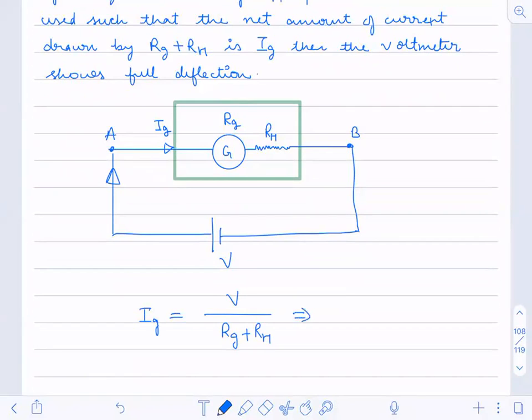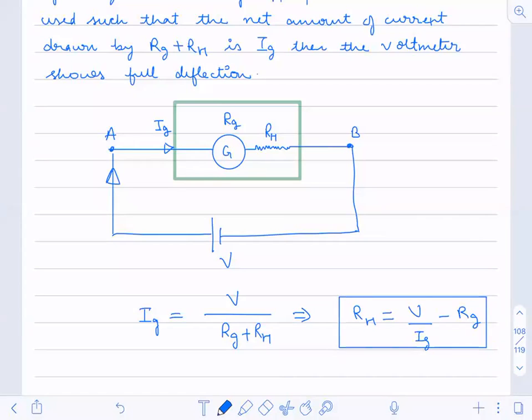So what we can do: Rg plus RH I'll take to the left hand side, Ig will come in the denominator. Then I'll keep RH on the left side and bring Rg to the right hand side. So RH is equal to V by Ig minus Rg. This is what we are going to get.